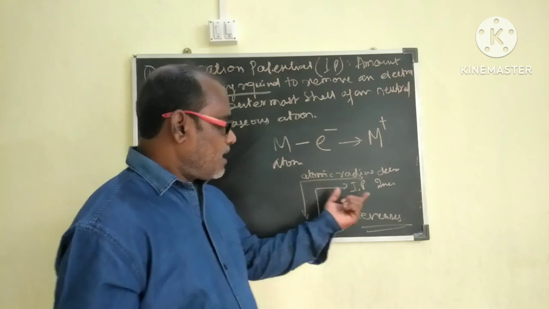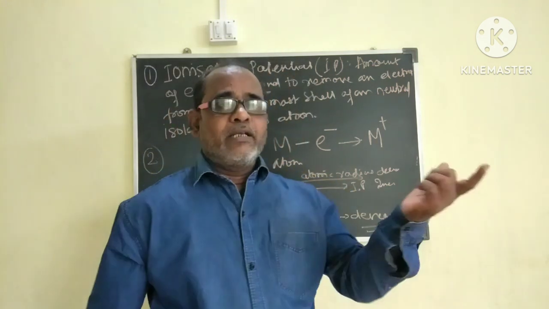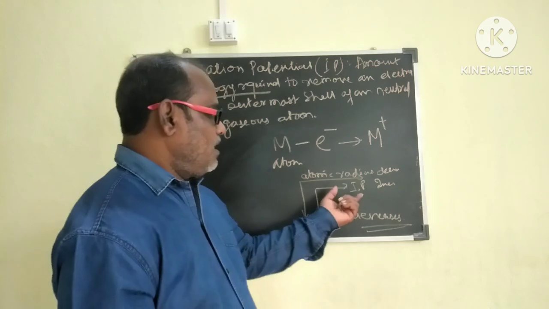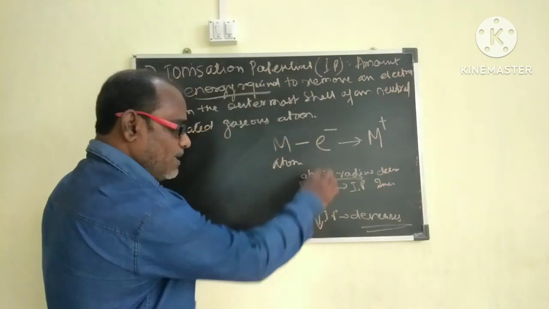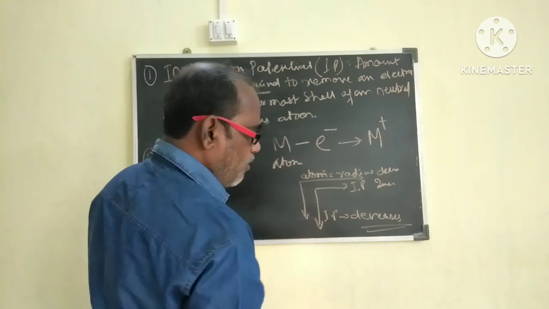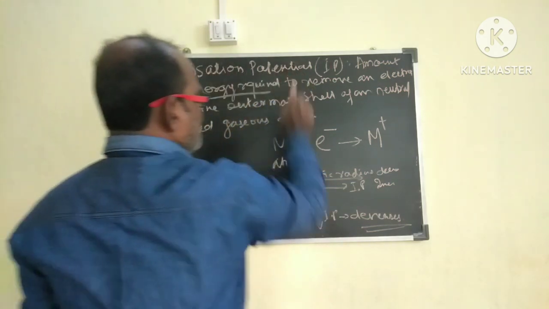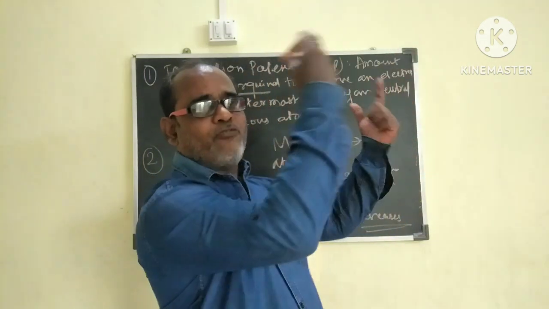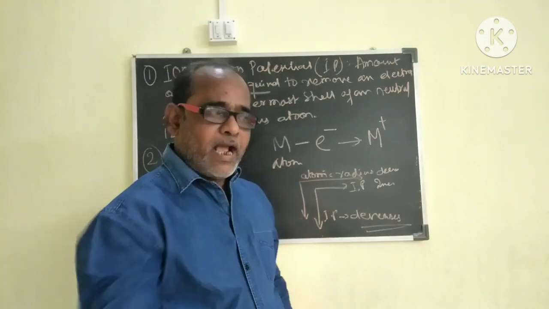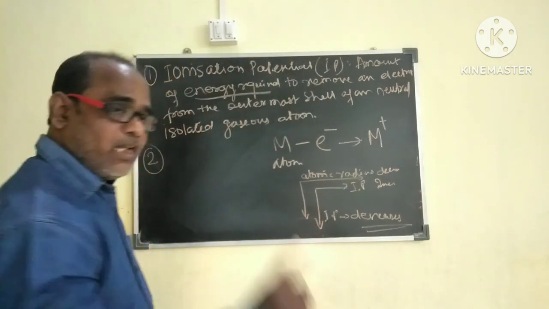Hence the EA, electron affinity, which is taken as negative eV, increases from left to right and decreases from top to bottom. That means both ionization potential and electron affinity increase from left to right across the period and decrease down the group. Next we go with another topic.